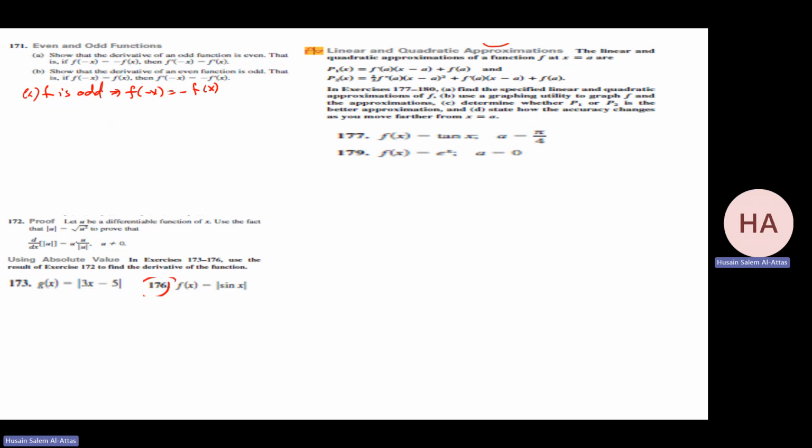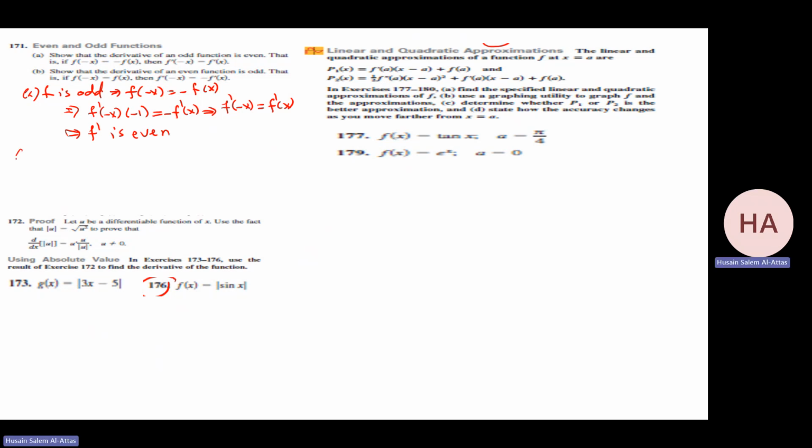So that means, differentiate, so f prime of minus x times minus 1 equals minus f prime of x. That means f prime of minus x equals f prime of x. So f prime is even.